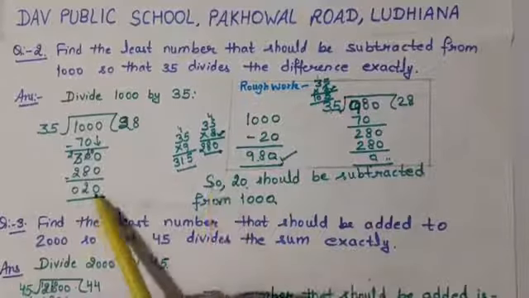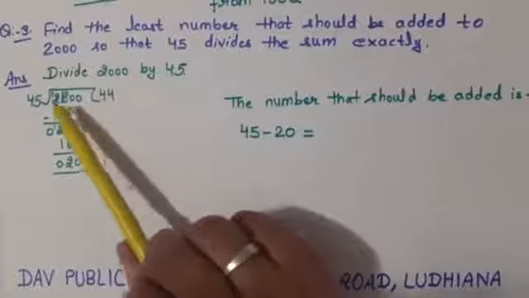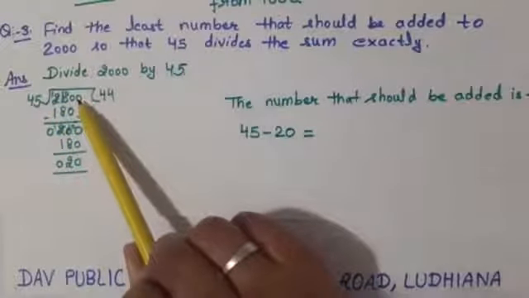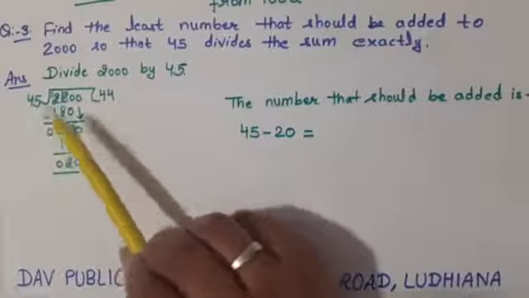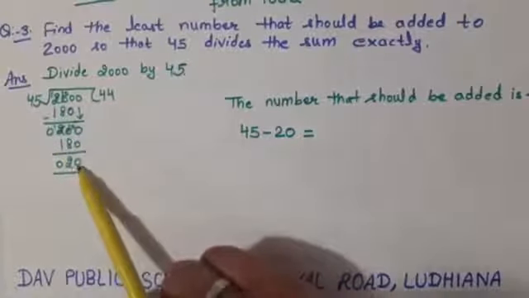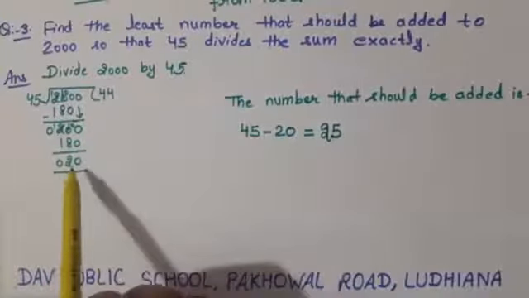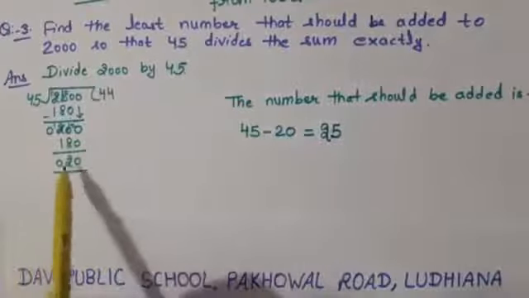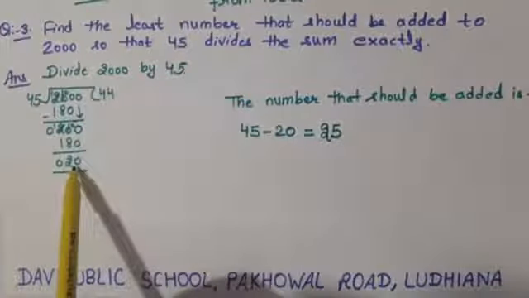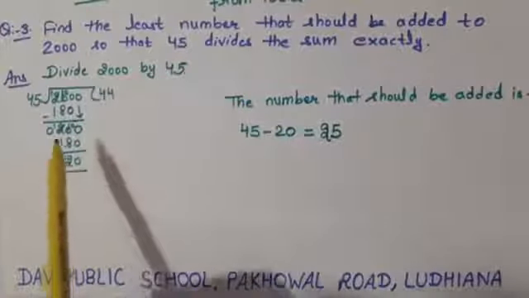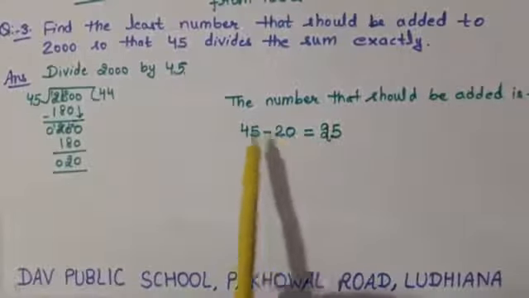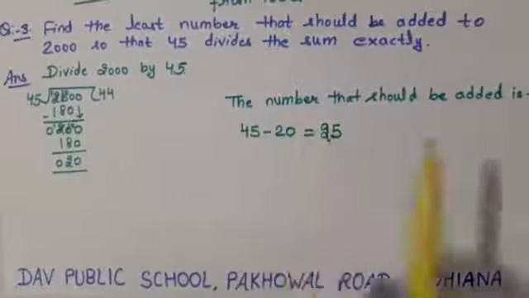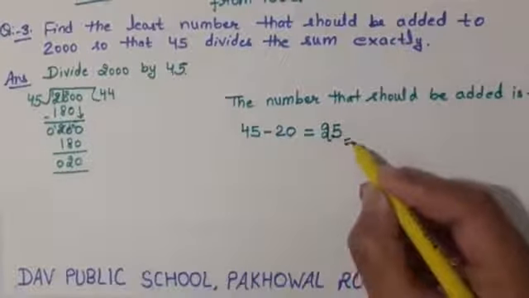Now we find the least number which we add to 2000 so that it will be exactly divisible by 45. And here see, already 20 is the remainder, right? So in order to find that number, we will subtract the remainder from the divisor. That is, we will subtract 20 from 45. It will be 25.